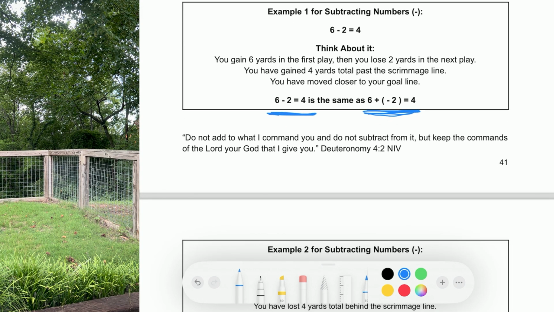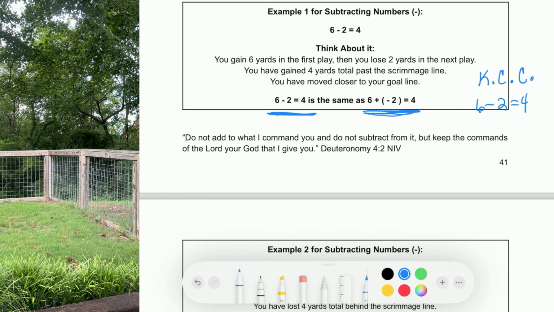We have what's called the keep, change, change. Okay. So these are to only be used with subtraction. Do not use these with addition. This is only to help you with subtraction. So 6 minus 2 equals 4. We're going to keep the 6.